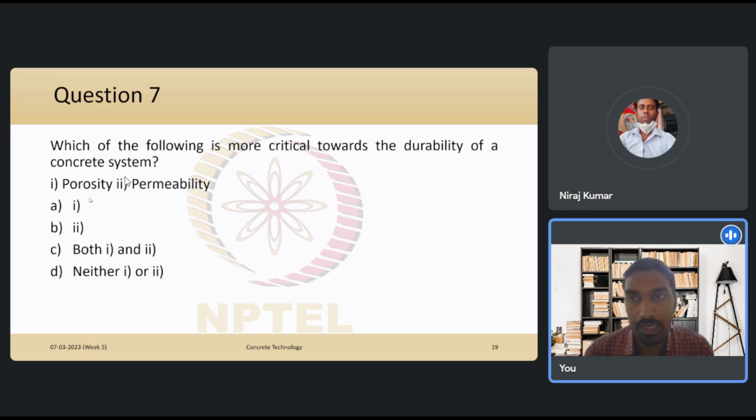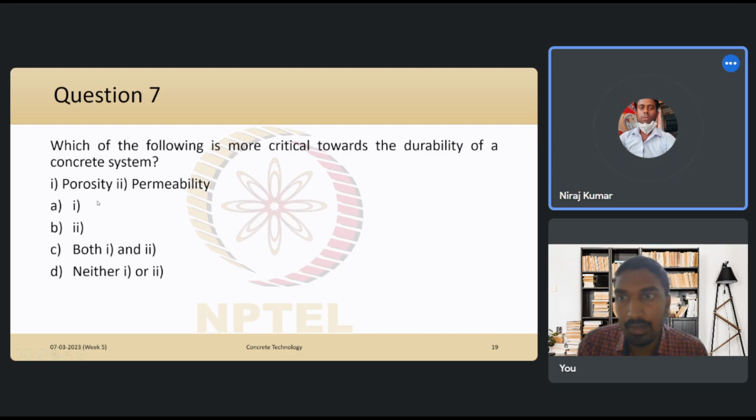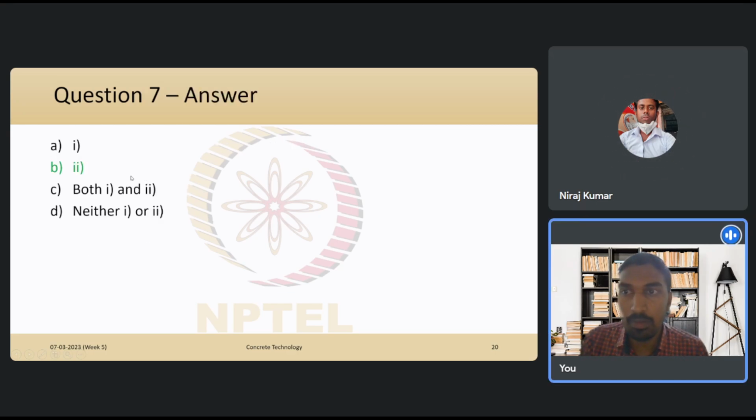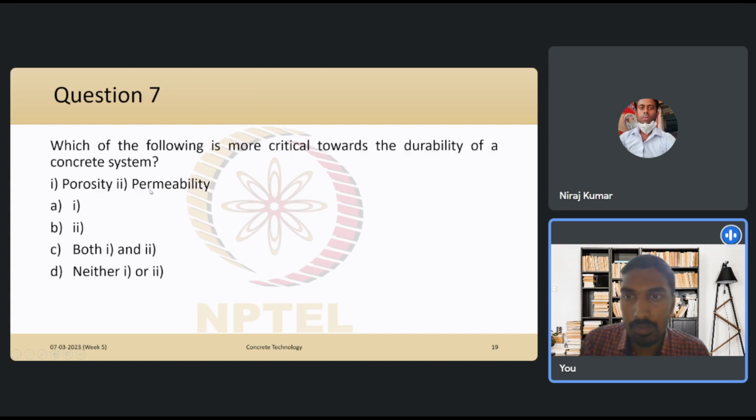Porosity by itself is not going to affect the durability, but there are other effects, such as reduction in the strength when there is higher porosity, because the pore spaces are not really going to contribute to the strength of the concrete. So when you have more pores, you will have lesser strength. But here we are only talking about durability, therefore it is only the permeability which is more critical and not porosity by itself, right? Therefore the correct option is B, which is permeability alone.